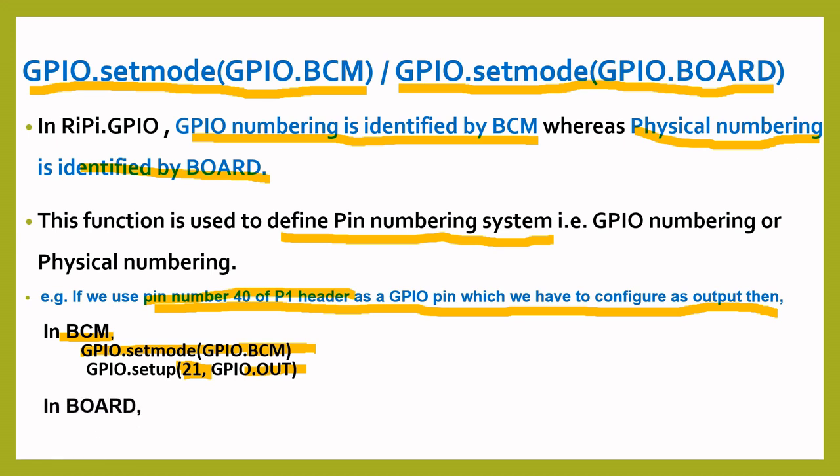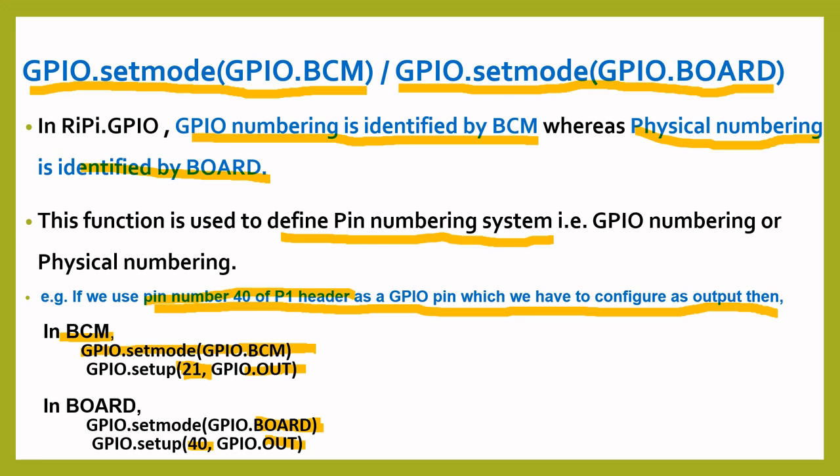Now if I want to set that pin as a physical pin, then what do I have to write? Here, instead of BCM, I have to write BOARD. When I write GPIO.BOARD, it is physical pin numbering, and therefore I have written the number 40 here, because it is pin number 40 of P1 header, which is already given in the question, and I have to set it as an output pin, and therefore it is GPIO.OUT.